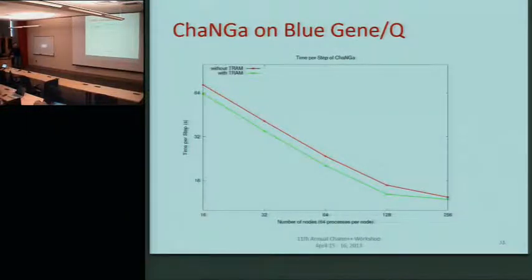The other place where we tried TRAM is with ChaNGa. So that's the cosmology code that Tom just talked about. And here we used TRAM with the small data unit, small messages that ChaNGa sends to request data from other processes.